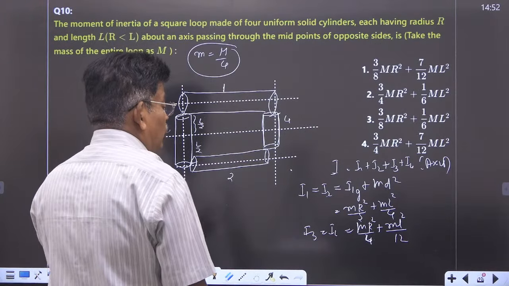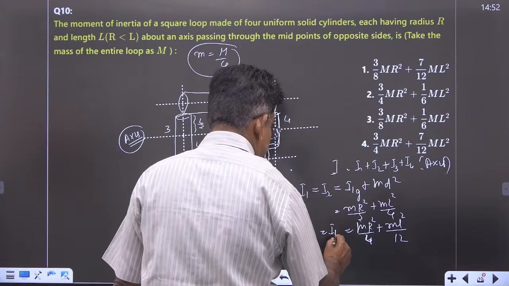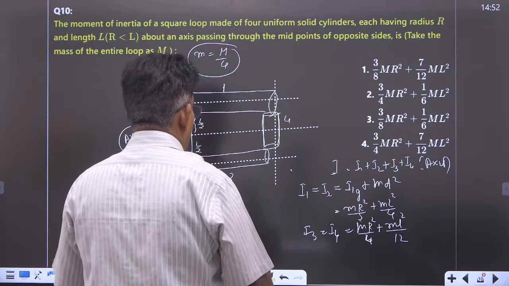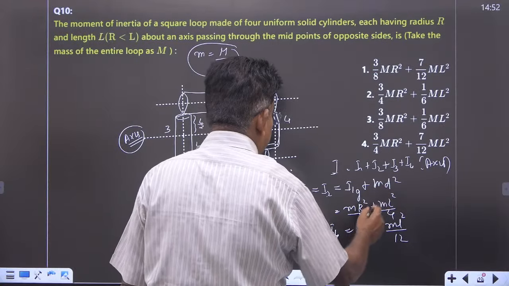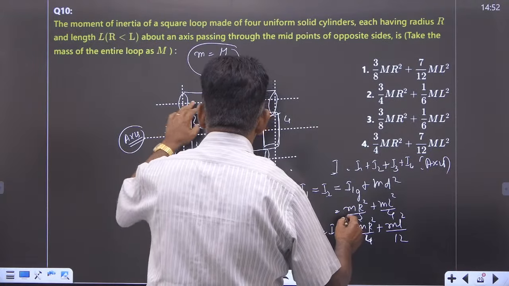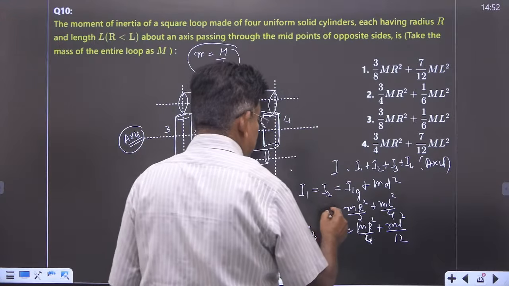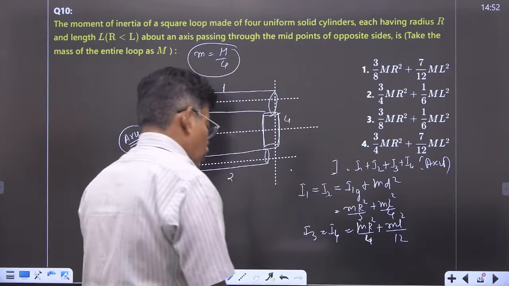I1 and I2 are equal. You have to use the parallel axis theorem. I1G plus MD squared, D is L by 2: M R squared by 2, rotating about its central axis, plus, using the parallel axis theorem, M L squared by 4.